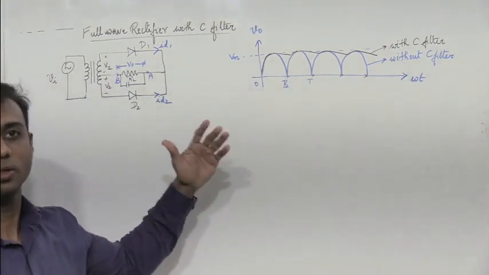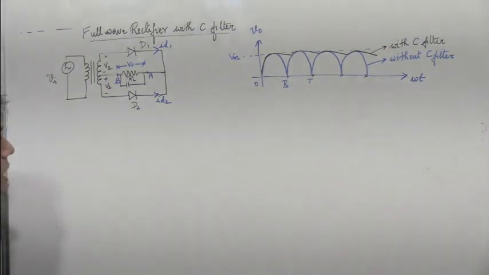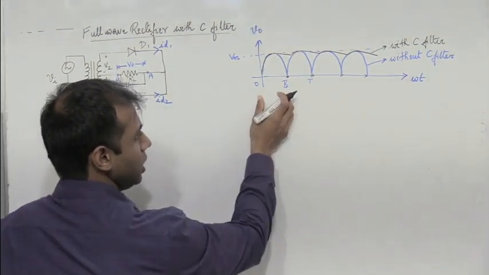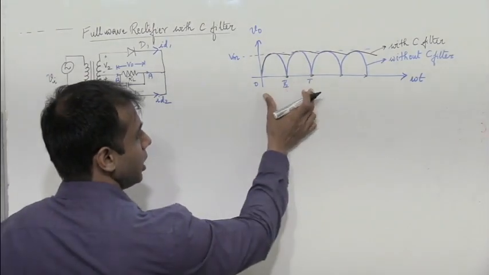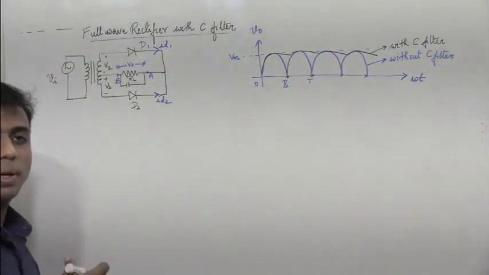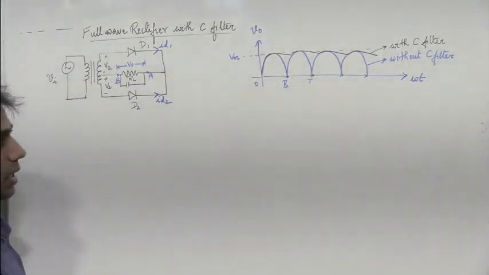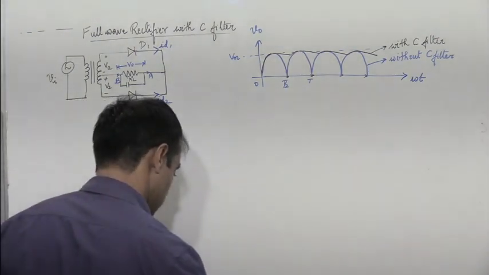So the expression also remains the same. Okay, so now this is 1/2 cycle of the input, isn't it? So this is T by 2 and this is T when you compare it with the full time period of the input Vi. Now let us observe the charging and discharging time.